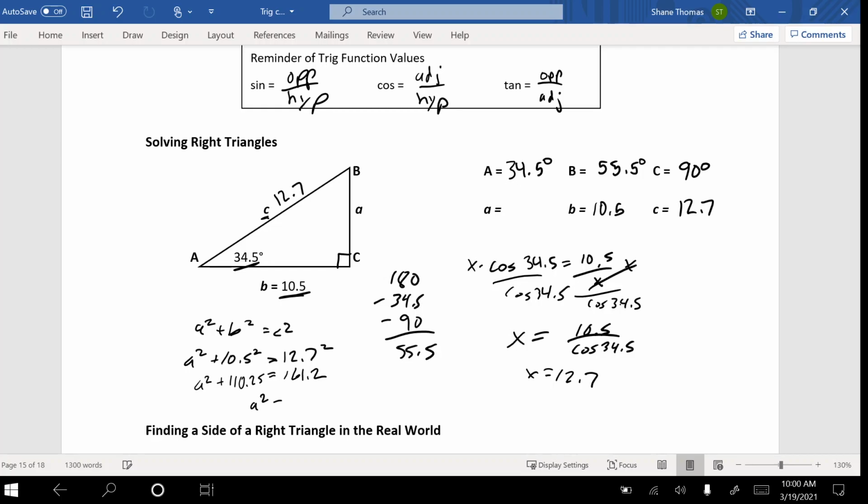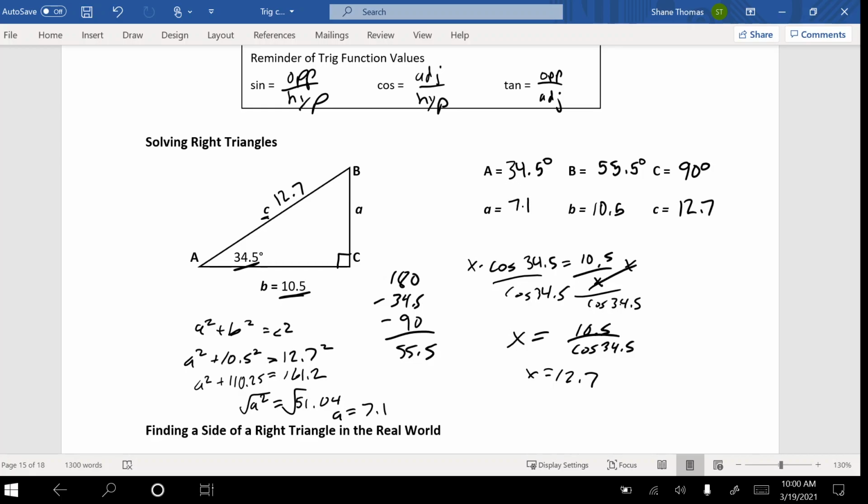So we have a squared is equal to 161.2 minus 110.25, which is going to be 51.04. Okay. And then what's the last step? Square root both sides. So A is going to be, give it to me to the nearest tenth. 7.1. Okay.